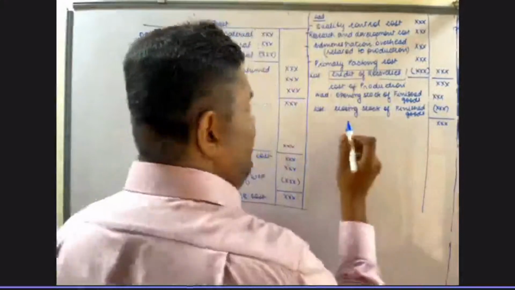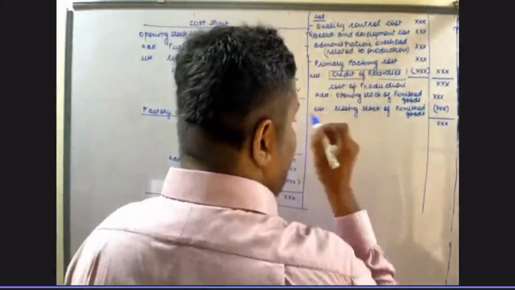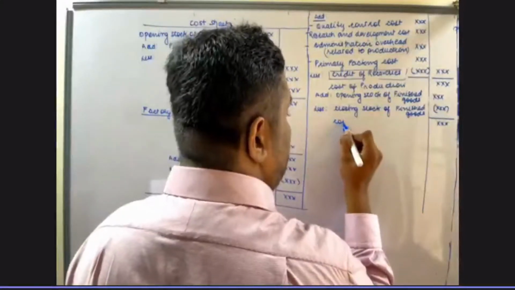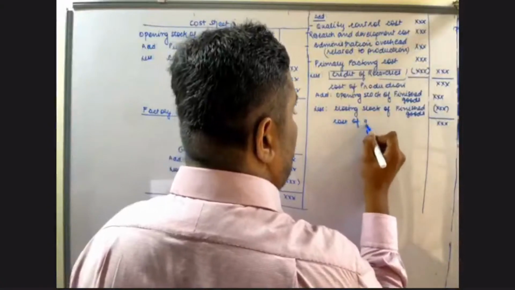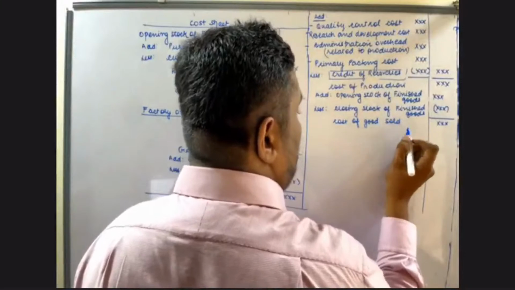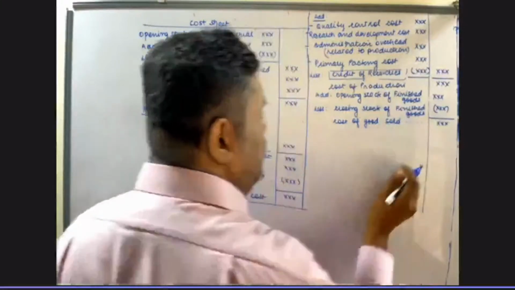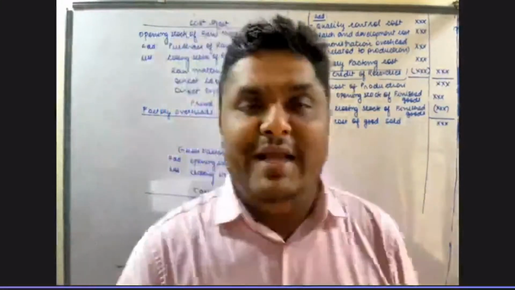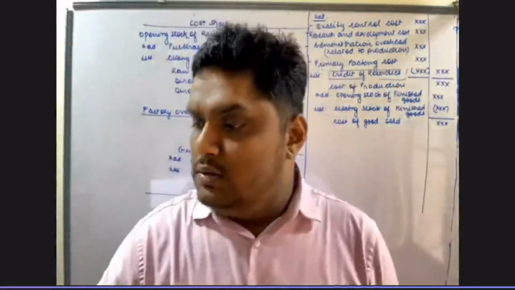The final figure we will get is the cost of goods sold, that is the goods that are actually sold in the market. We will get the total cost.